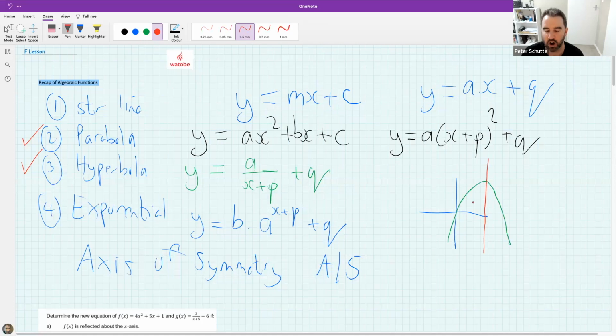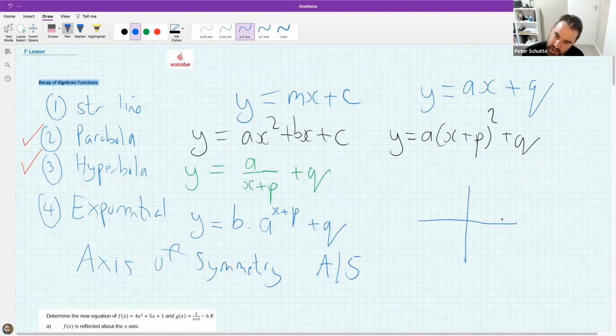So it cuts it in half there. If you're dealing with the hyperbola, depending on what shape you have, you actually have 2 axes of symmetry. So the one axis of symmetry is going to look like that, and the other one is going to look like that. So 2 and 3 are the graphs that have axes of symmetry. Well done on that.